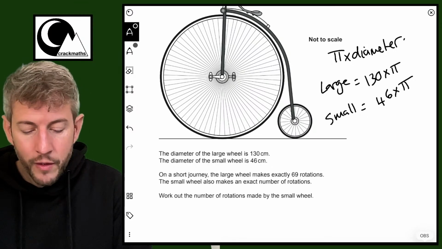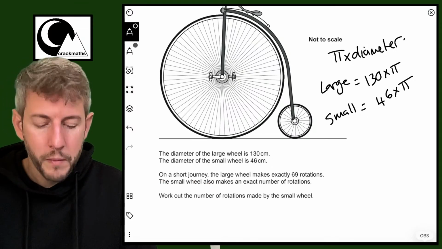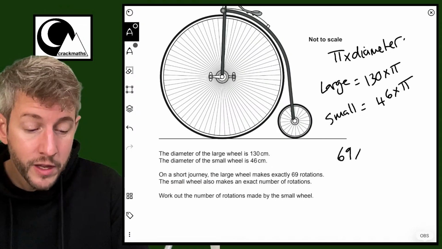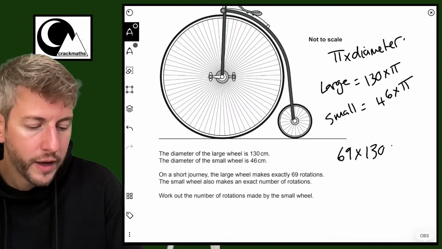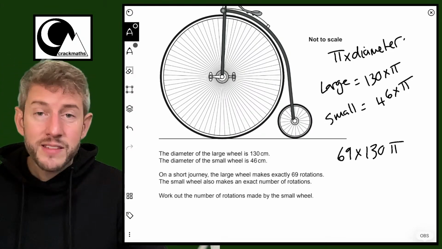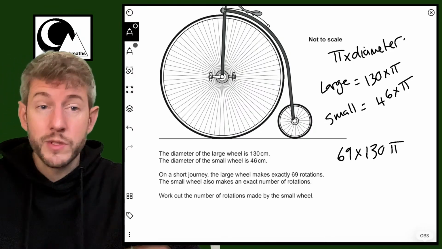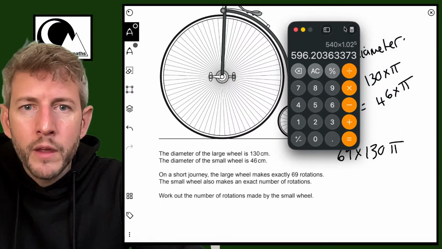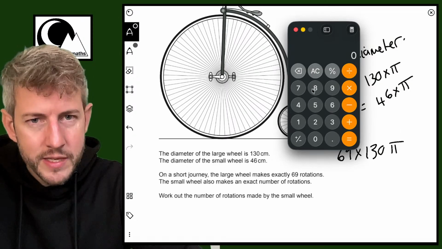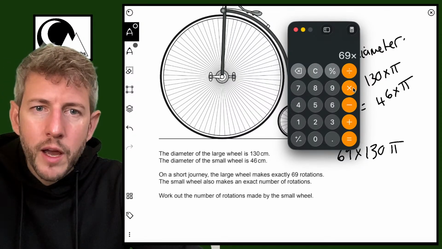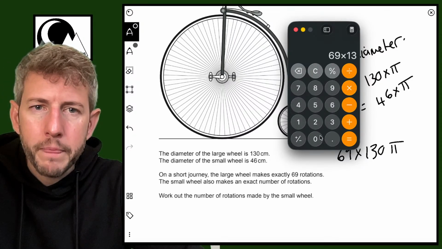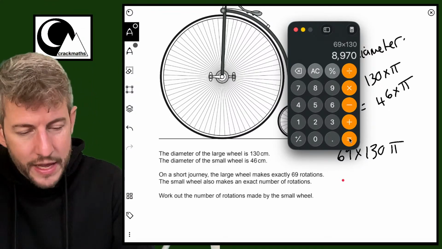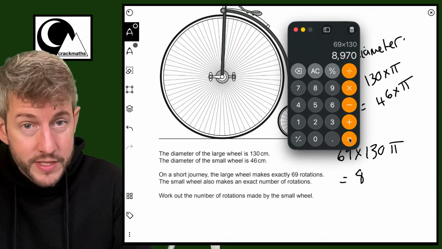On a short journey, the large wheel makes exactly 69 rotations. So we need to do 69 times 130 pi, and that's going to tell us how many centimetres it travelled. I'll get the calculator out. 69 times 130 equals 8,970 pi.